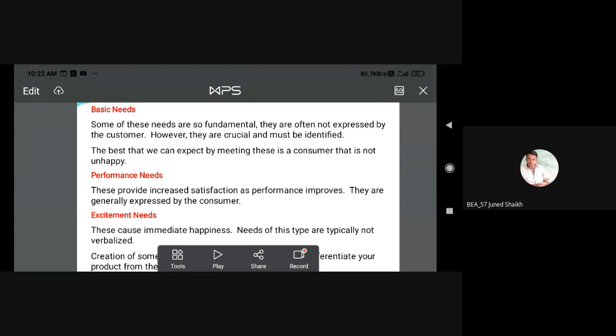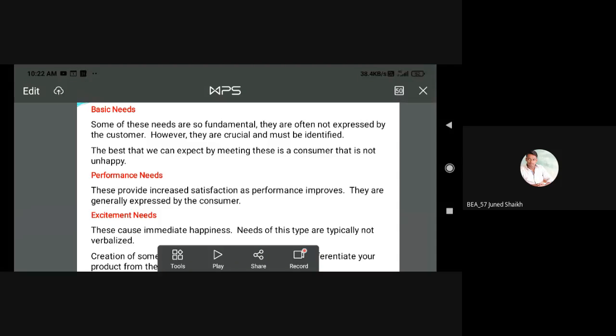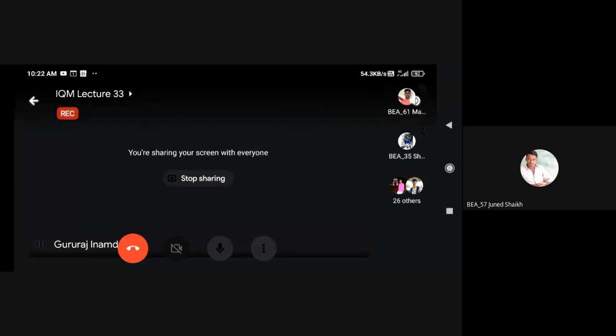Performance needs: these provide increased satisfaction as performance improves. They are generally expressed by the customer. Performance need is nothing but whenever you give high quality to the customer, definitely demand will increase. Why? For example, take milk products. Everyone requires milk, and there are a number of companies supplying milk. But if by comparison you find the quality of one company better, you will start buying the product only from that company.